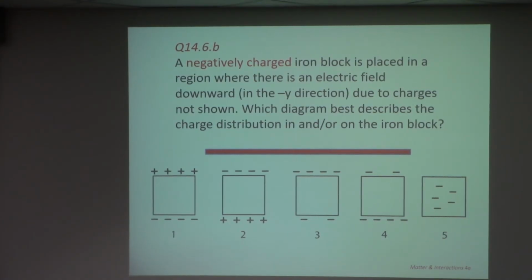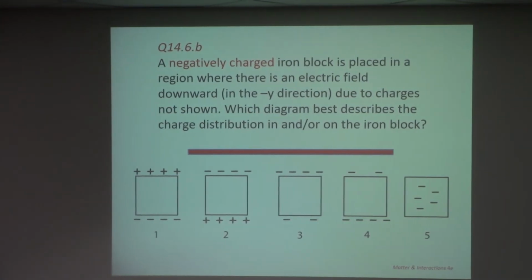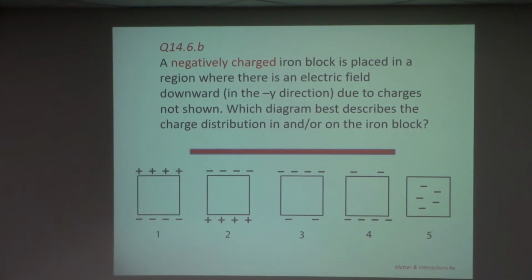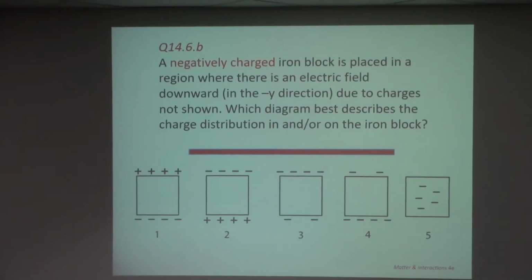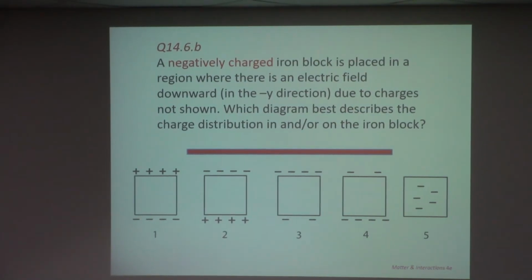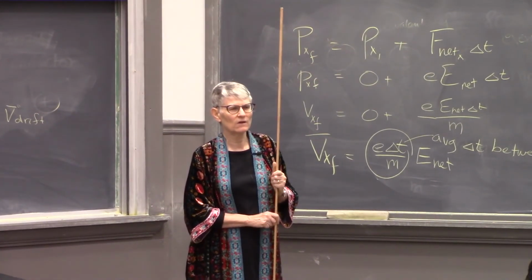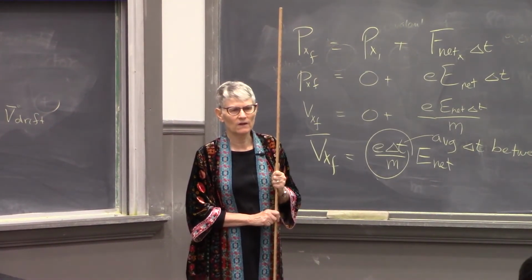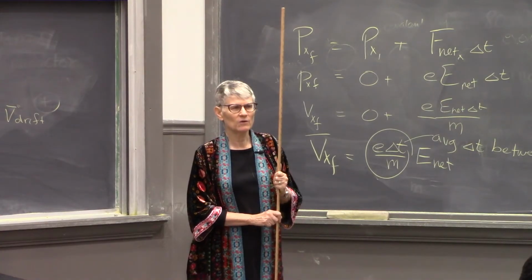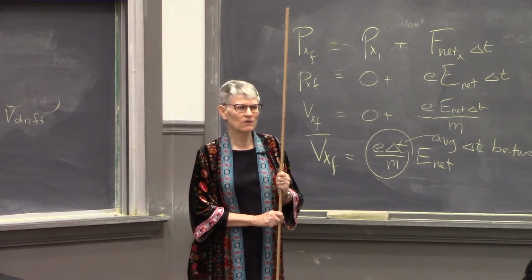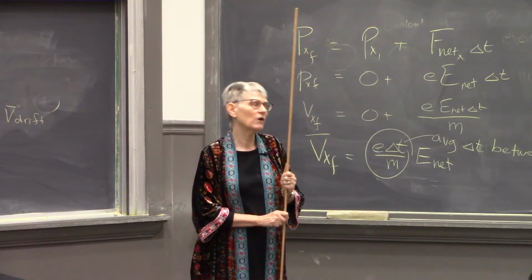Okay, I'm seeing 3s and 2s. Now the key here is actually counting charges. Because if the block is negatively charged, then that means it has a non-zero net charge, right? And that means, what about the number of positive and negative charges in the block? More negative.